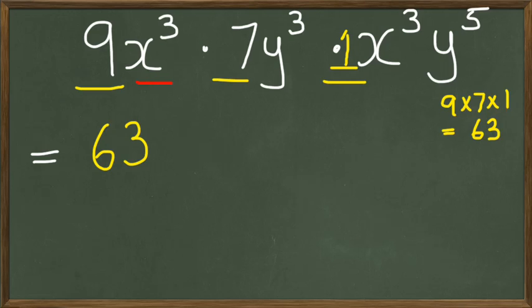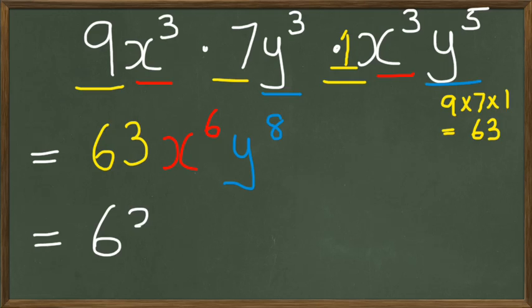Well, you've got x cubed and x cubed, which is going to be x to the power of 6. And then you've got y cubed and y to the power of 5, which means that's going to be y to the power of 8. So your final answer is going to be 63, x to the power of 6, and y to the power of 8.